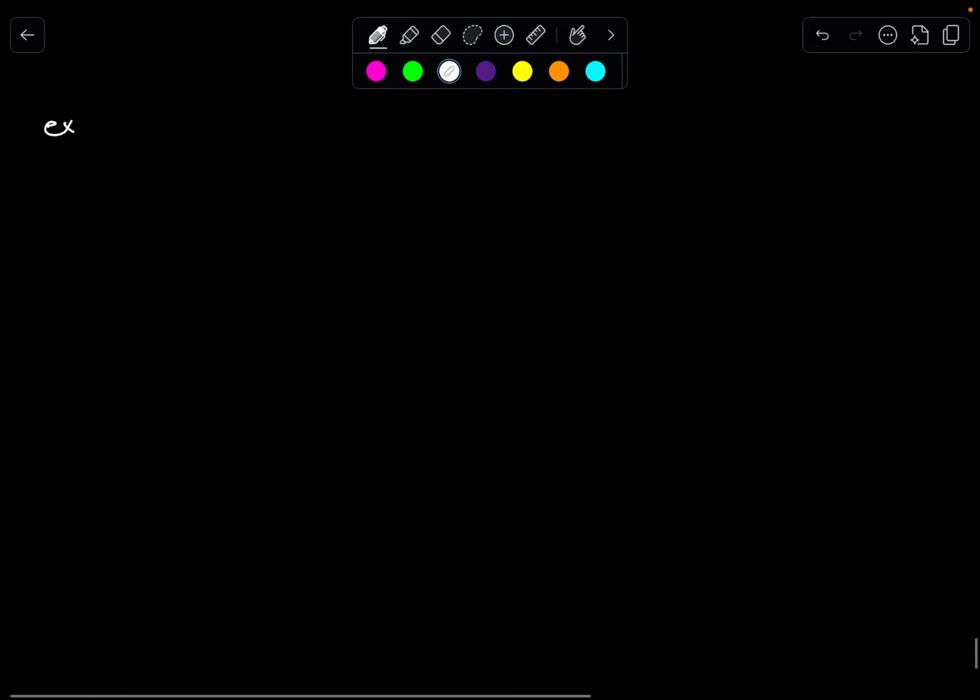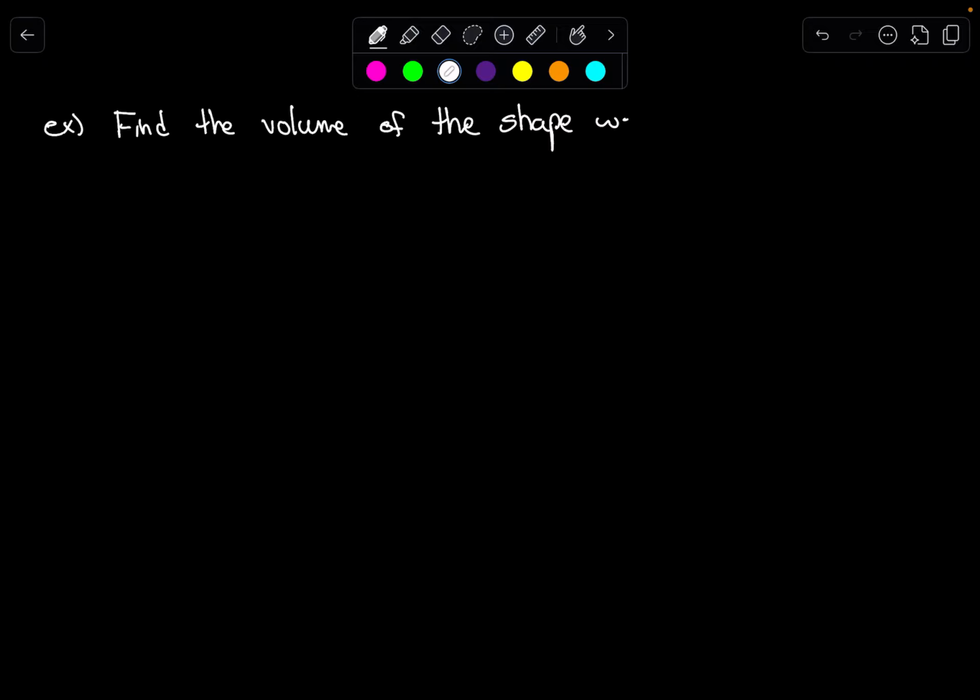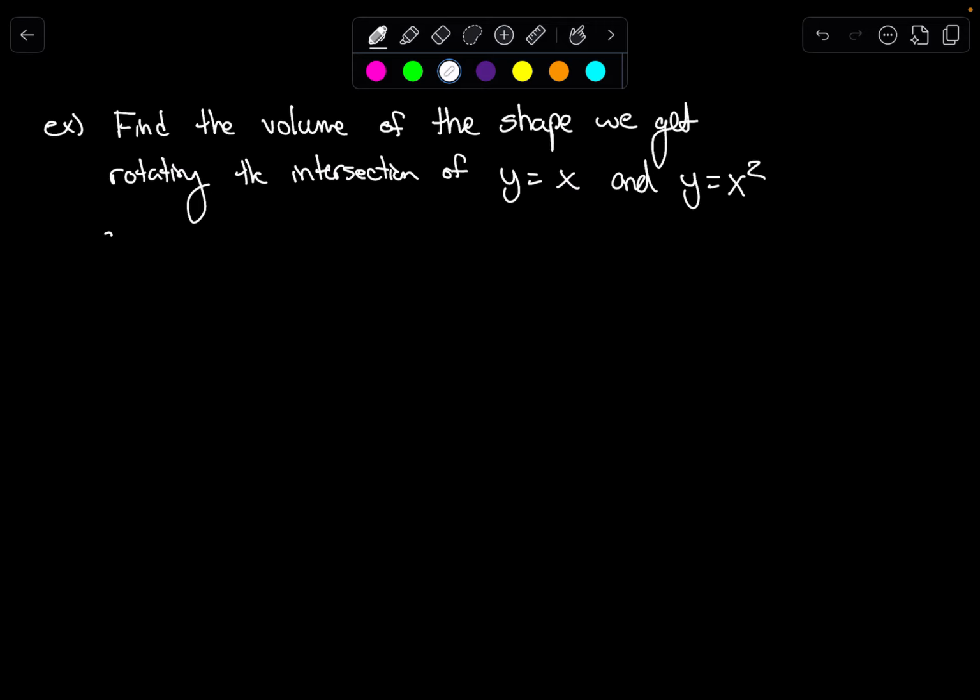Okay, so for example, let's do: find the volume of the shape we get rotating the intersection of y equals x and y equals x squared, in quadrant one, around the x-axis. Okay, find the volume that we're going to get.